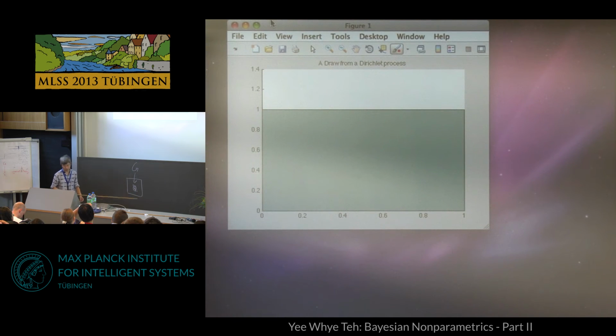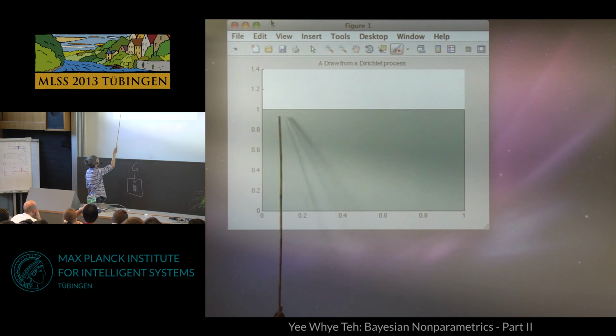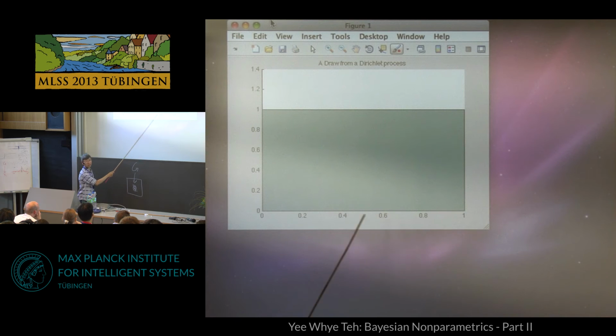Here my probability space is the unit interval from 0 to 1. The height of this rectangle is the probability of this part of the space, and since this is the whole space, that probability has to be 1. I'm going to split this space into two halves, from 0 to 0.5 and from 0.5 to 1.